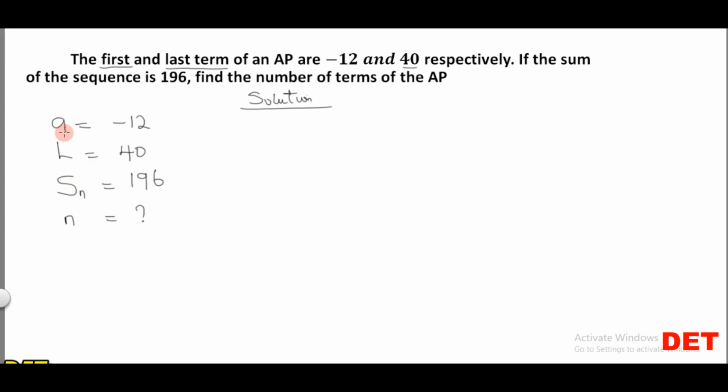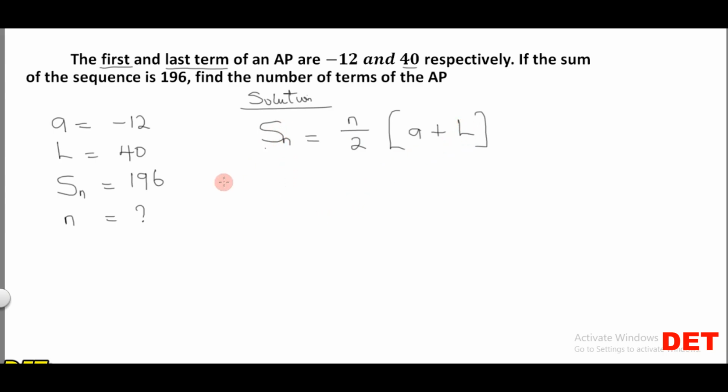Alright, so we're given the first term, the last term, and the sum of this AP. So you should know the right formula to apply. The sum of an AP is equal to n all over 2, open bracket, A plus L. This is the right formula to use because the last term was given.